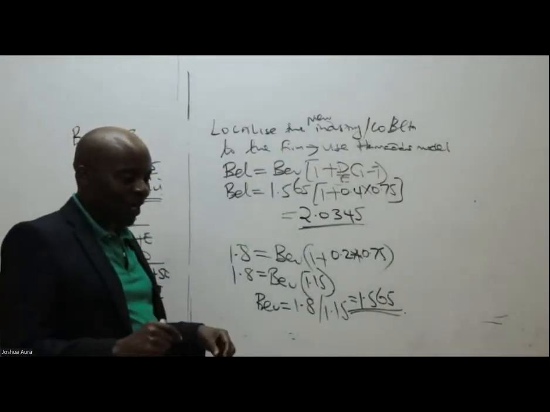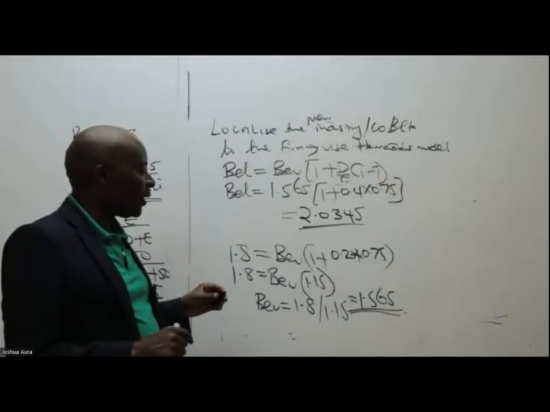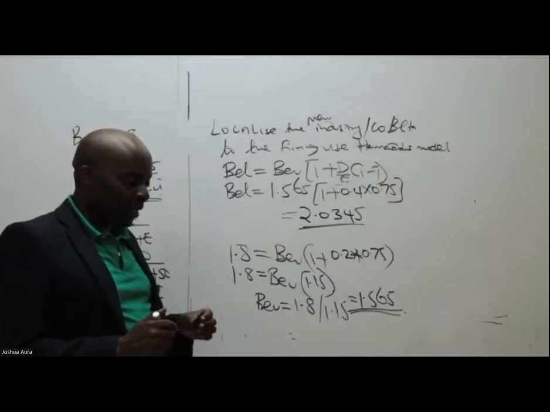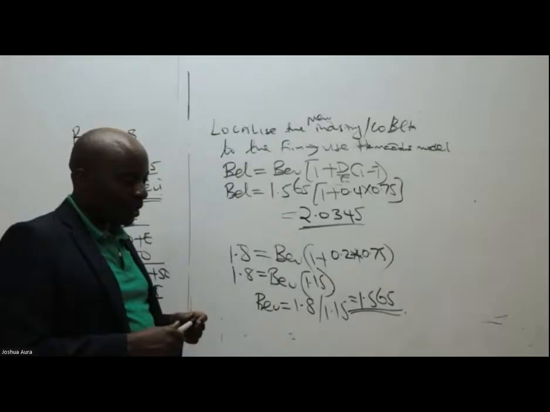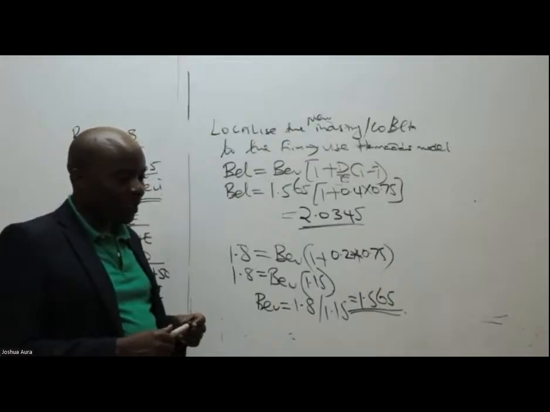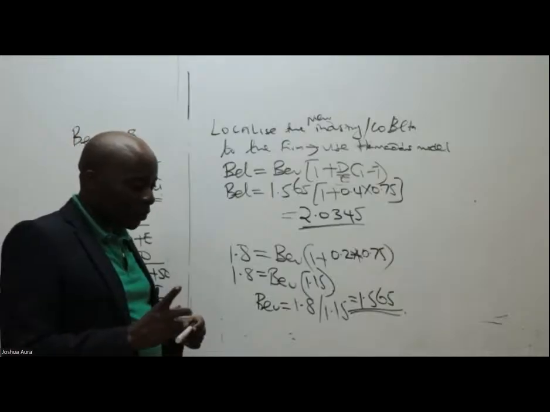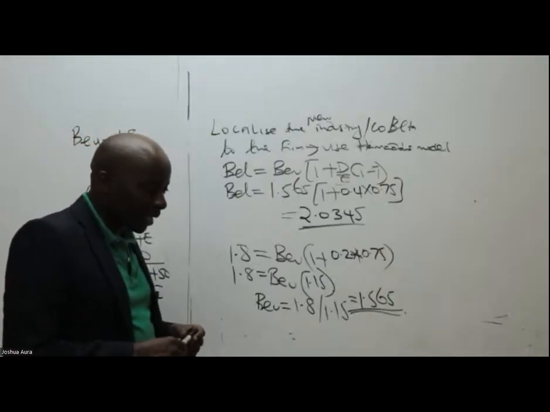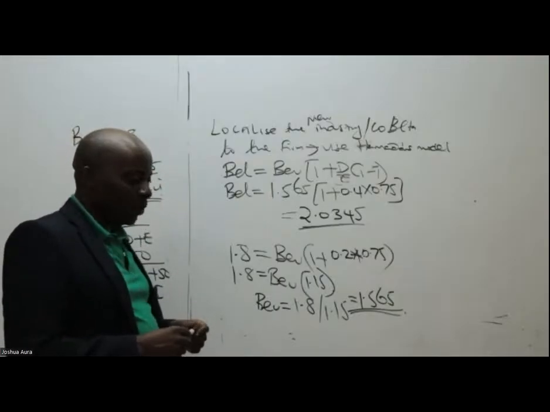I've been able to localize. I've been able to get this BEL. Then what do you think will be the next thing to be done? Please talk to me. Thank you so much. KEL, is it KEL or KEU?